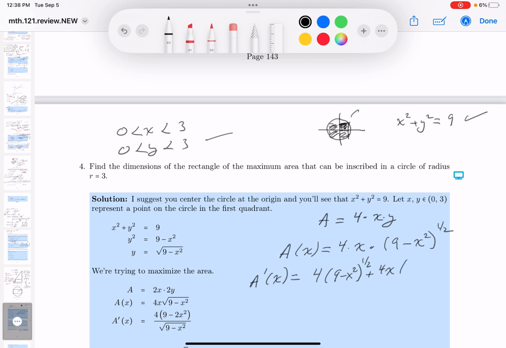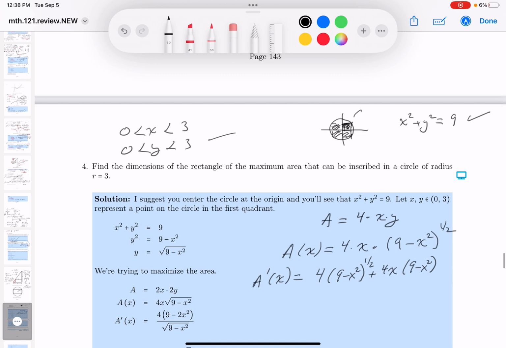And then I'm going to get 9 minus x squared. I take 1 from half, that's minus 1/2, times the derivative of the inside of that, which would be minus 2x.